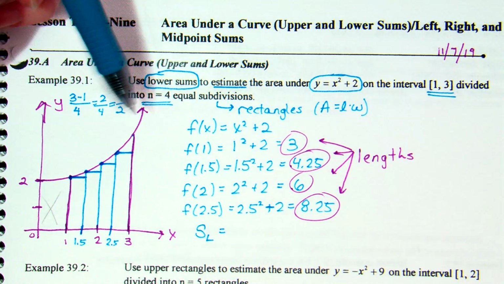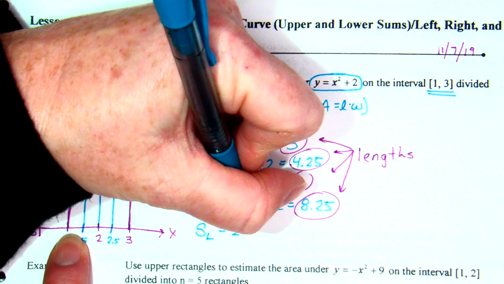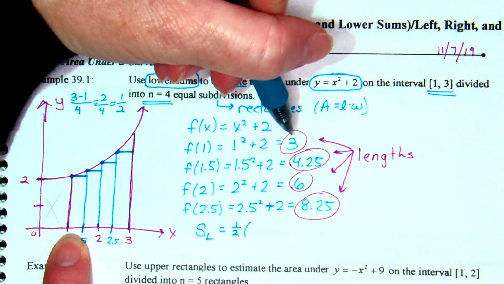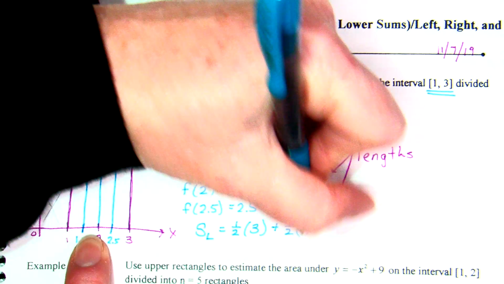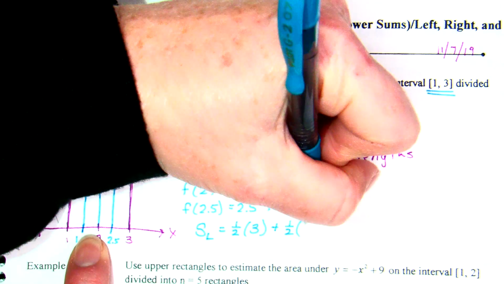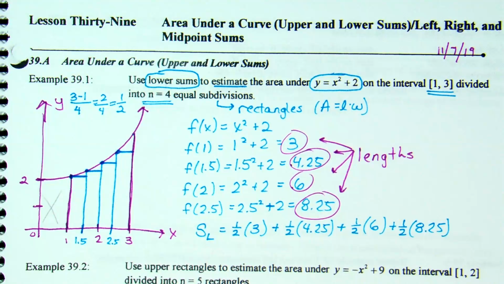The first rectangle is a half wide times how tall? 3. So a half times 3. The second rectangle is what? A half wide times 4.25. The third rectangle is a half wide times 6 tall. And my fourth rectangle is a half wide times 8.25 tall.